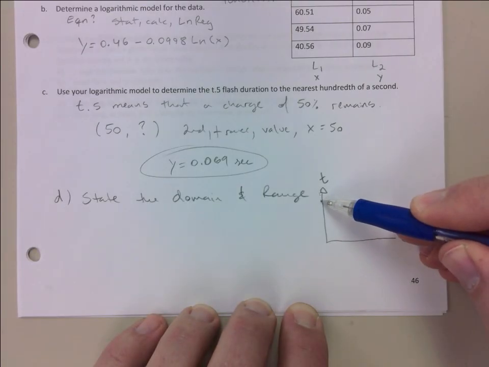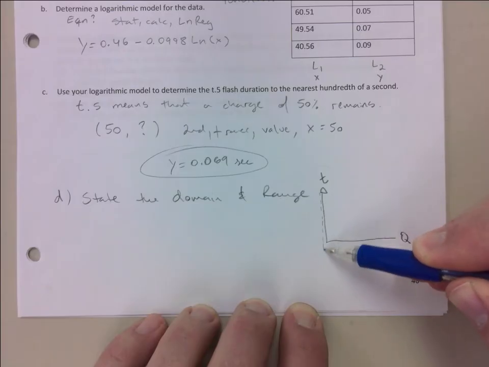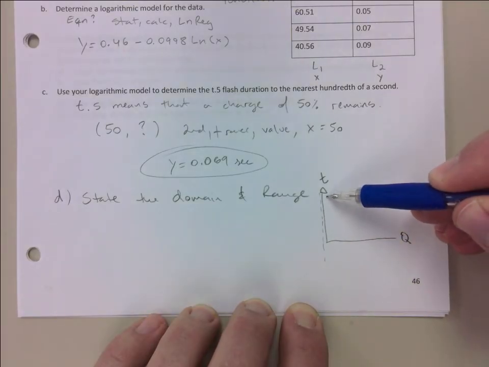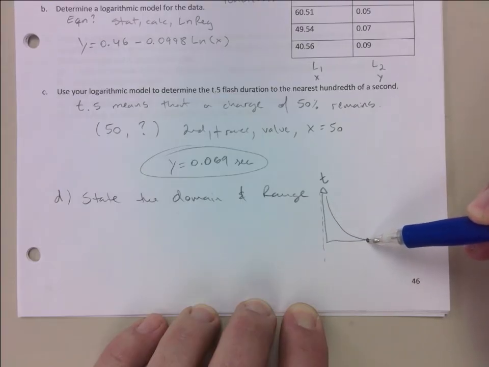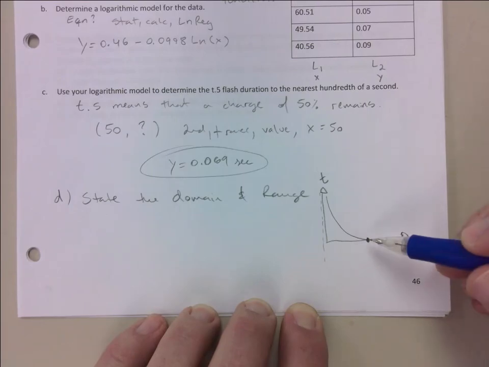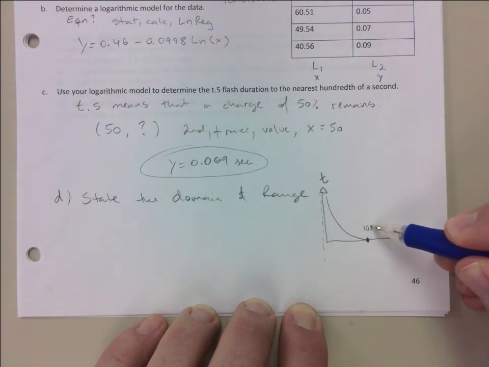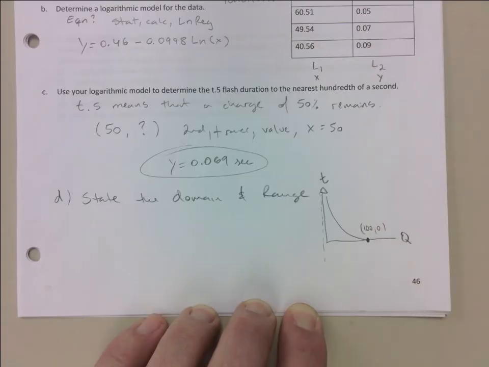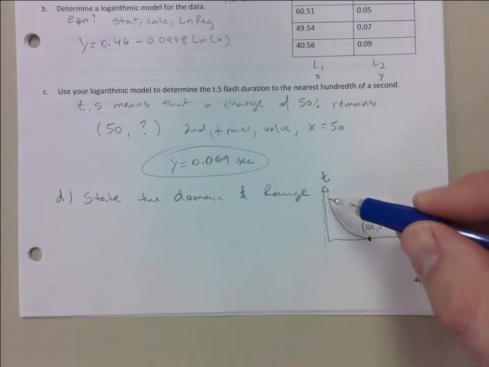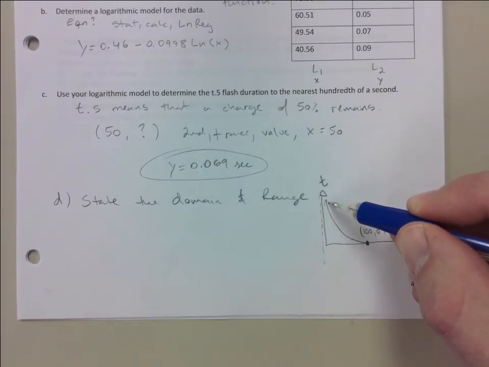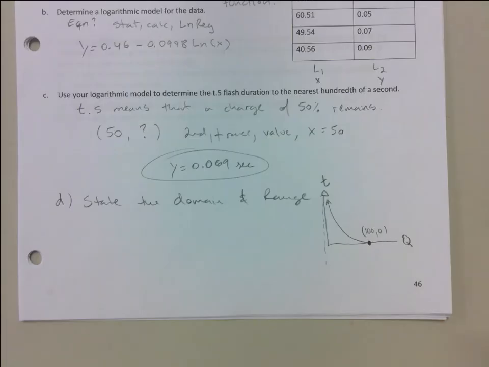And we have the asymptote here, never crosses. So the graph kind of gets to the point where the x-intercept is. And that x-intercept is 100, 0. Okay? So the charge is 100%.